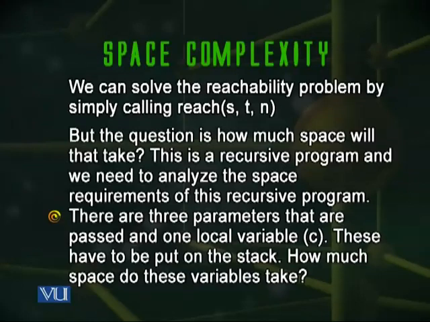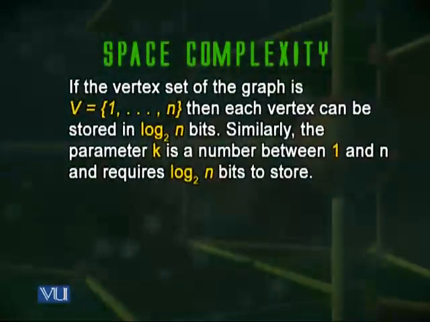So how much space do these variables take? Well, we have 2 names of vertices and 1 number. That's what we need to store on the stack. If the vertex set of the graph is given the numbers 1 up to n, then each vertex can be stored in log to the base 2 of n bits.